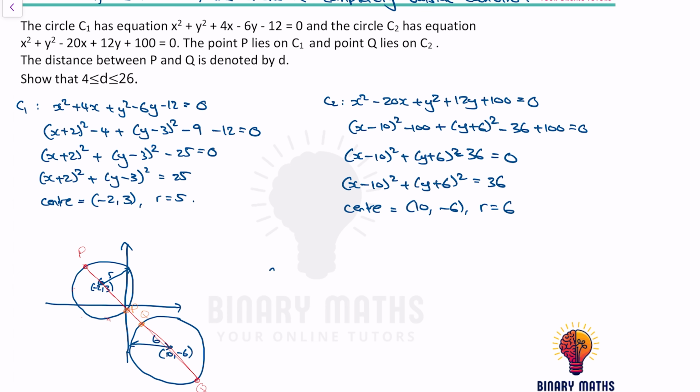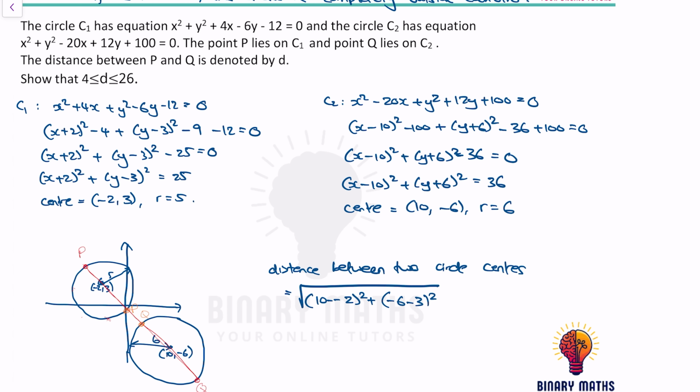So if I work out the distance between two circle centers, it will be equal to the square root of (10 minus 2) squared plus (negative 6 take away 3) squared, which gives me the square root of 144 plus 81, which is equal to the square root of 225, which works out to be 15.